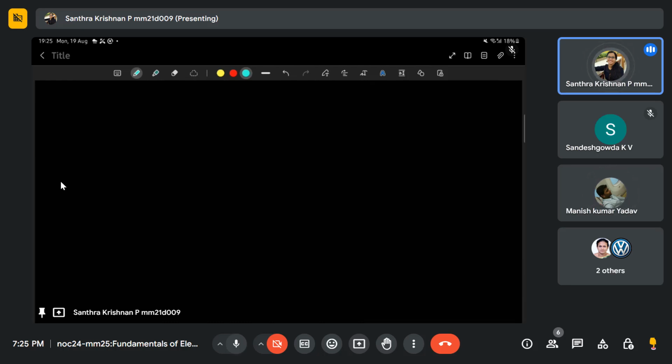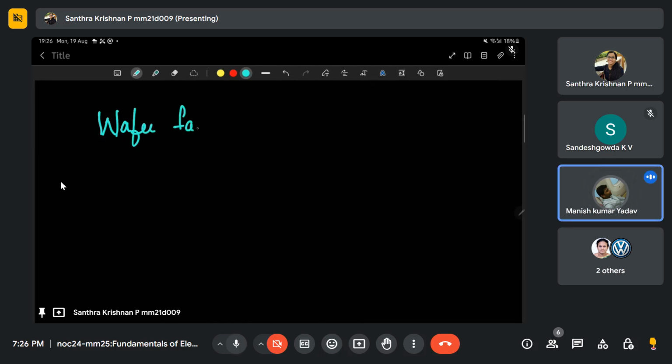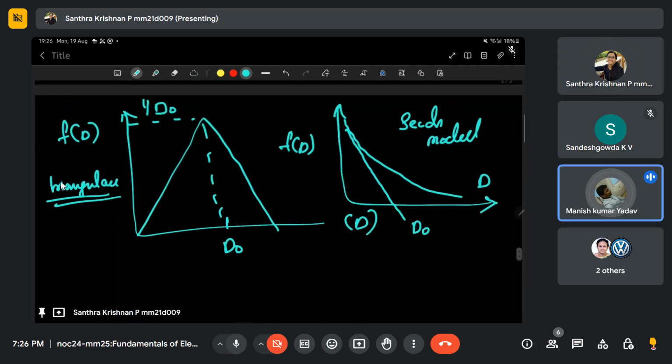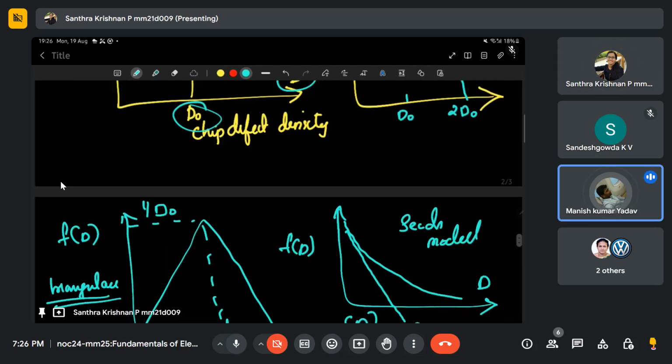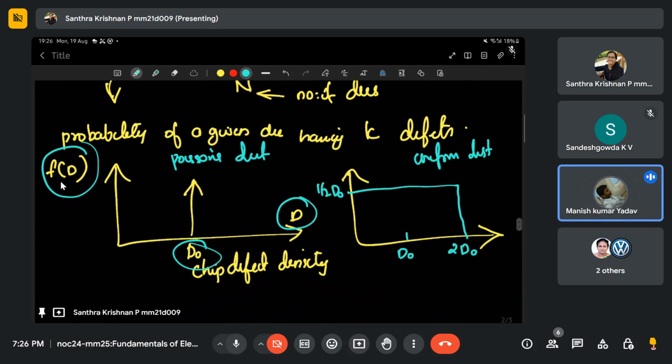Then comes wafer fabrication cost. And if anyone asks which is related to the exponential, the answer should be Poisson is exponential and seeds model is exponential. Am I right? Poisson's model means random distribution, but in the formula there is an exponential term, e power minus m.